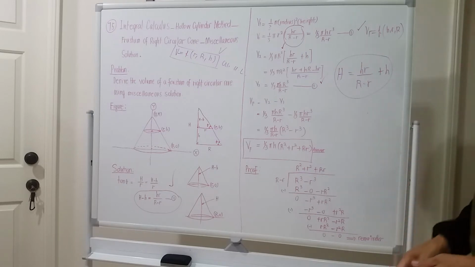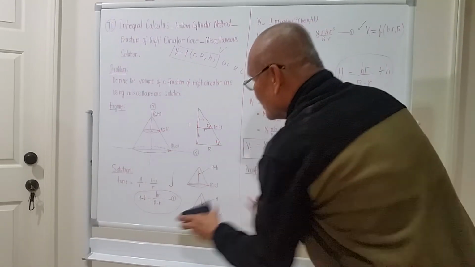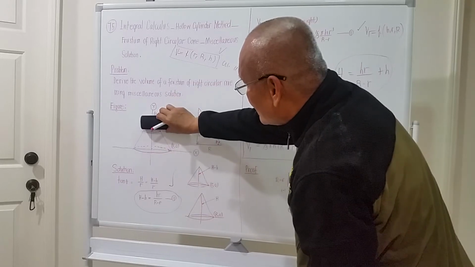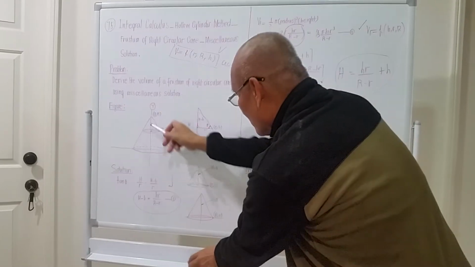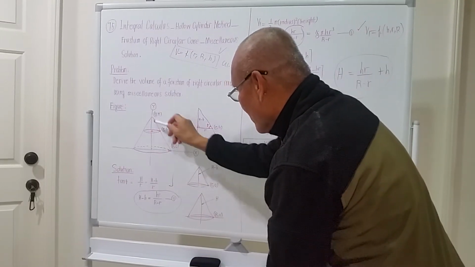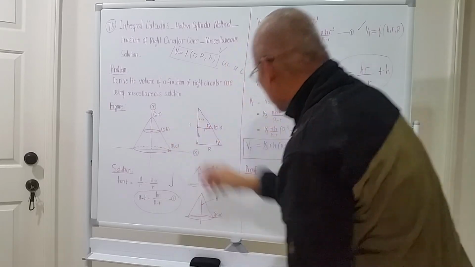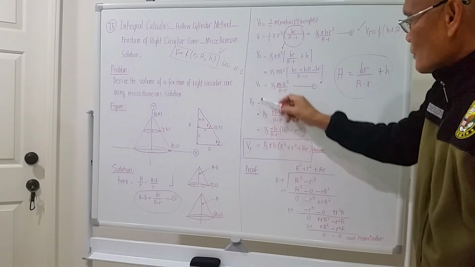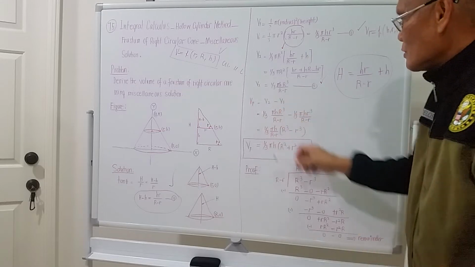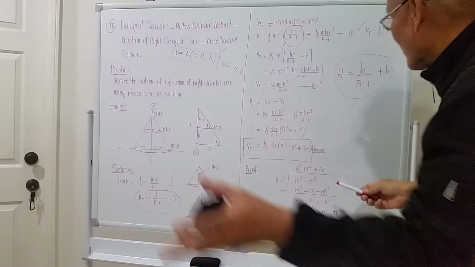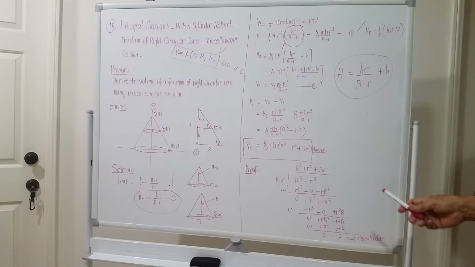So to compute for the volume of the frustum now, it should be the volume of the bigger cone minus the volume of the smaller cone. So volume subscript F, which refers to frustum, will be V2 minus V1, equal to, it is just a matter of substitution.